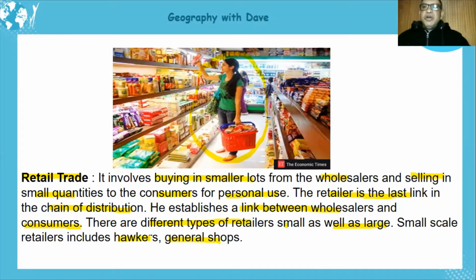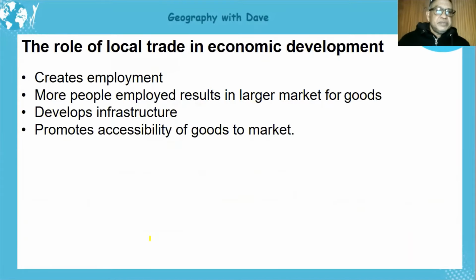Like your general shops, some of us call it in slang the corner shop, where you go buy your stuff in small quantities, your bread, your milk, maybe some fruit, some vegetables. So that's your local trade.